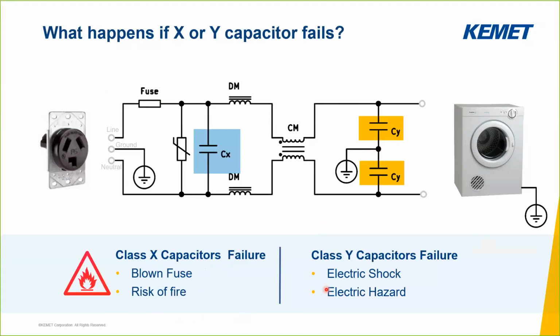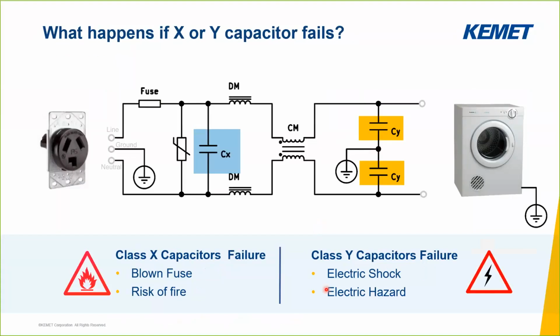Now, if a Y capacitor were to fail and the ground connection of the dryer were compromised, the 240 volts AC would now be on the chassis ground that is connected to that metal enclosure. This would result in a scenario of the metal enclosure being energized by the high AC voltage and risking electric shock to the user. Therefore, it can be assumed that the reliability of X and Y capacitors for AC line filtering is critical to the safety of the user operating the device.